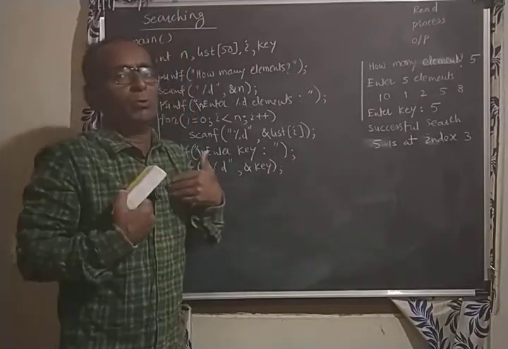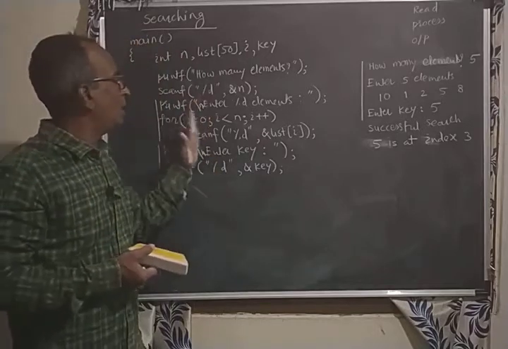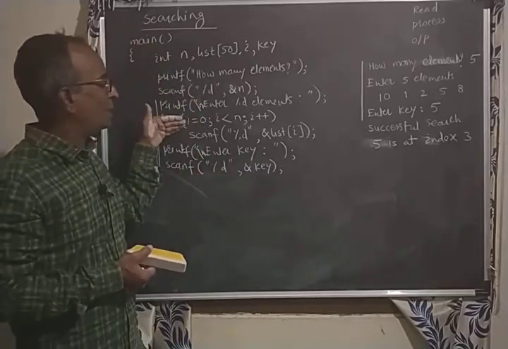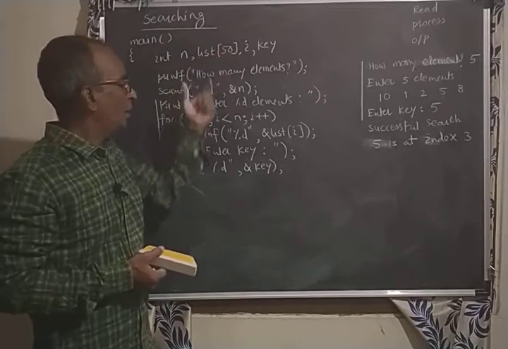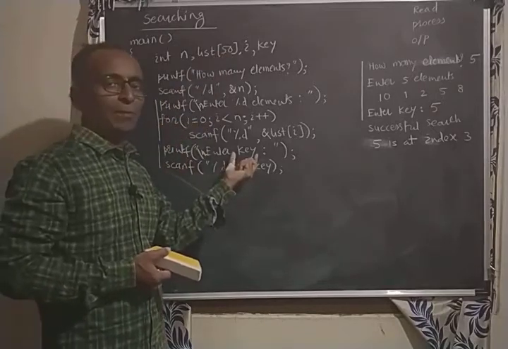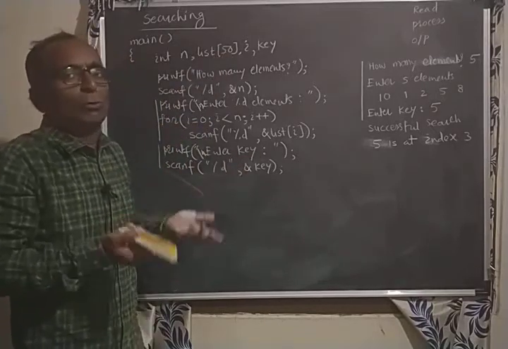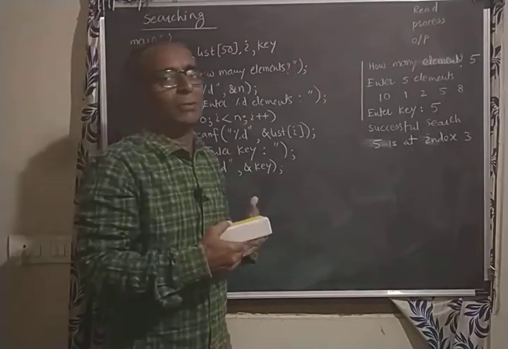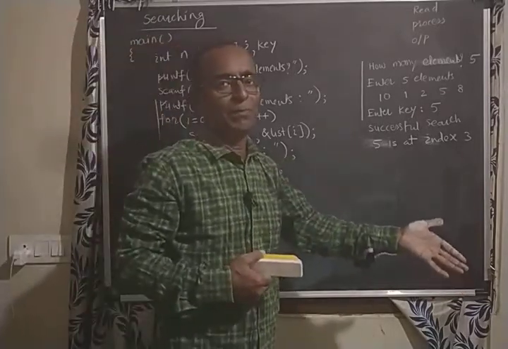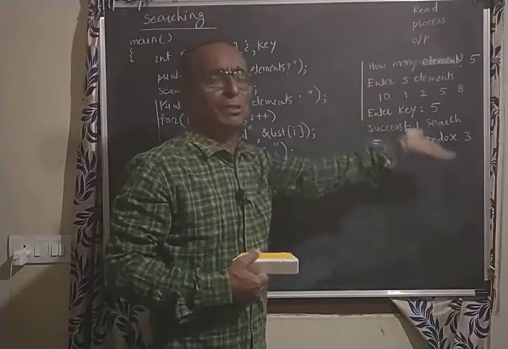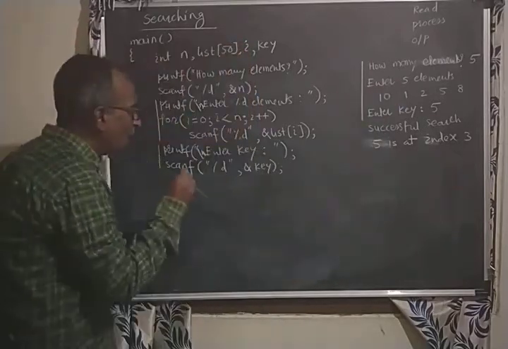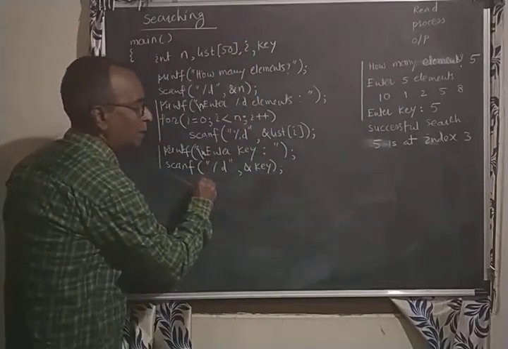You assume yourself as a main. Main has done this. Now main has array, main has a key. If I don't want to do that, I want to give that task of searching to other person. That means other function. So how we have to give a call to that function?